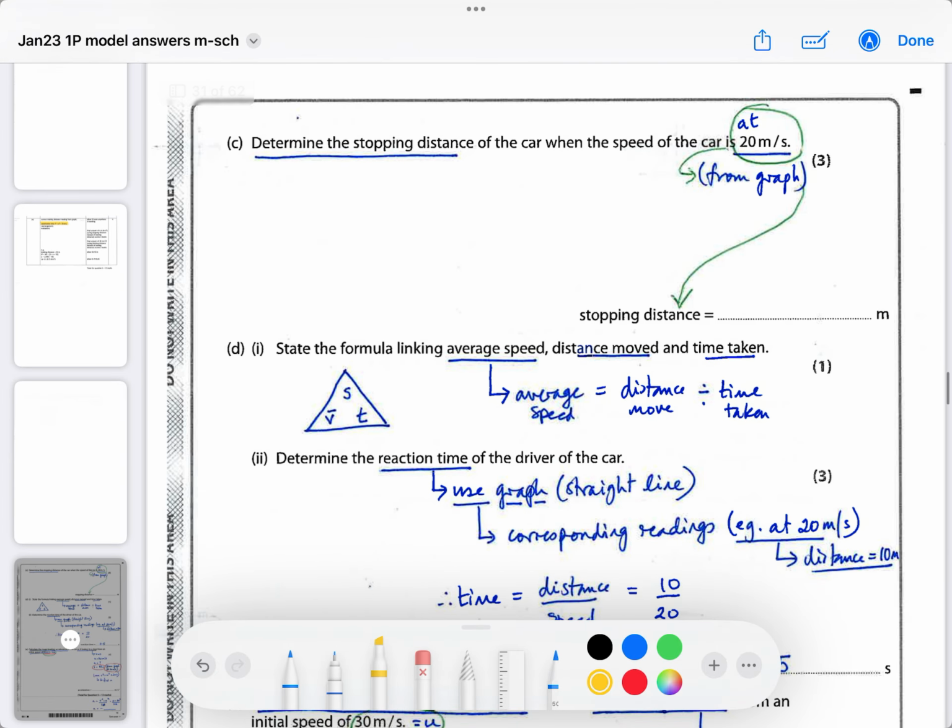It says determine the stopping distance of the car when the speed of the car is 20 meters per second. So you've got to get it from the graph. There are 2 bits to get from the graph. Remember we said the stopping distance involves both graphs. Stopping distance equals thinking distance plus braking distance.